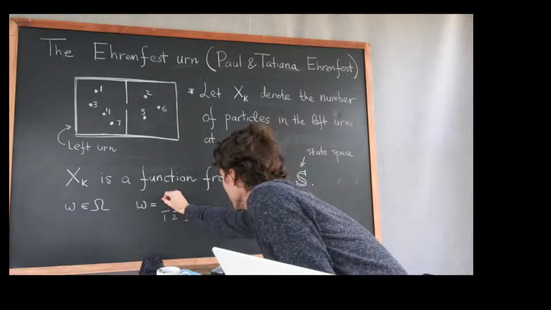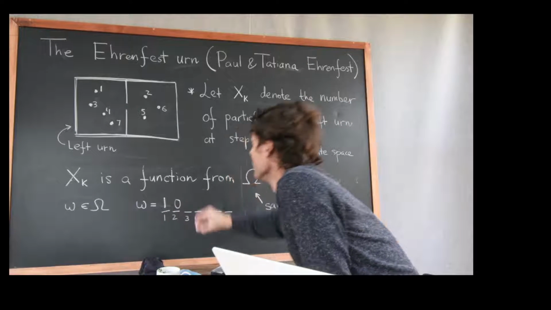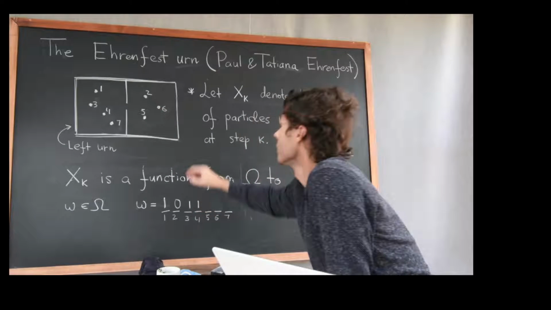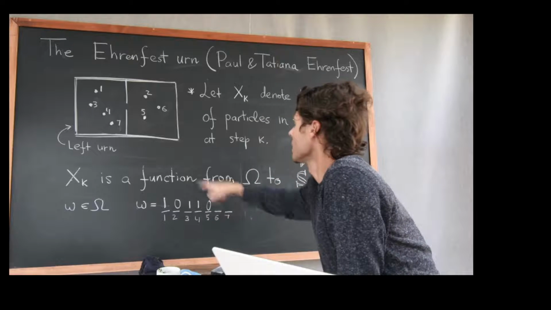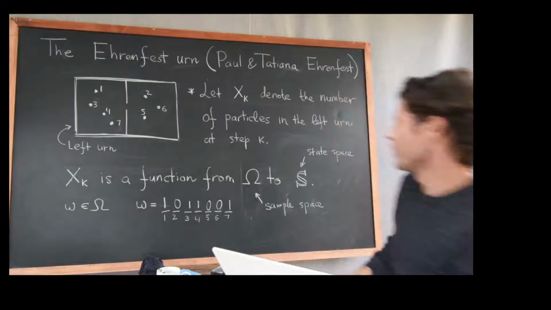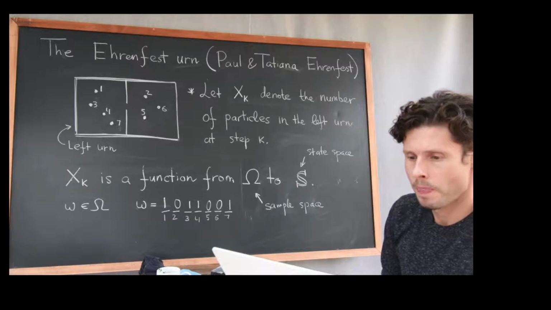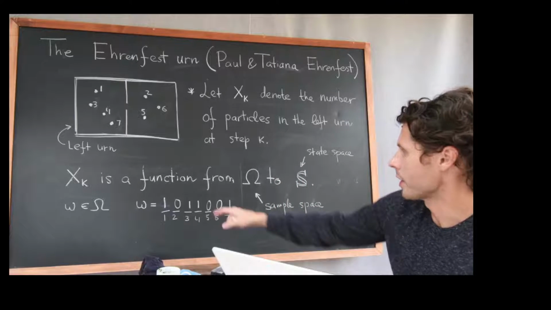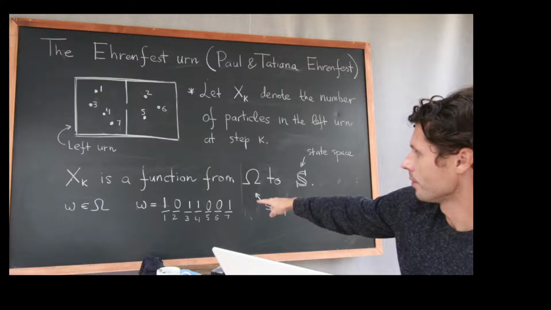So in that case I have a 1 here, a 0 for particle number 2, 1 for 3, 1 for 4, 0 for 5, 6 is a 0, and 7 is a 1. So this is essentially a string of 1s and 0s that tells me exactly how the system is configured.